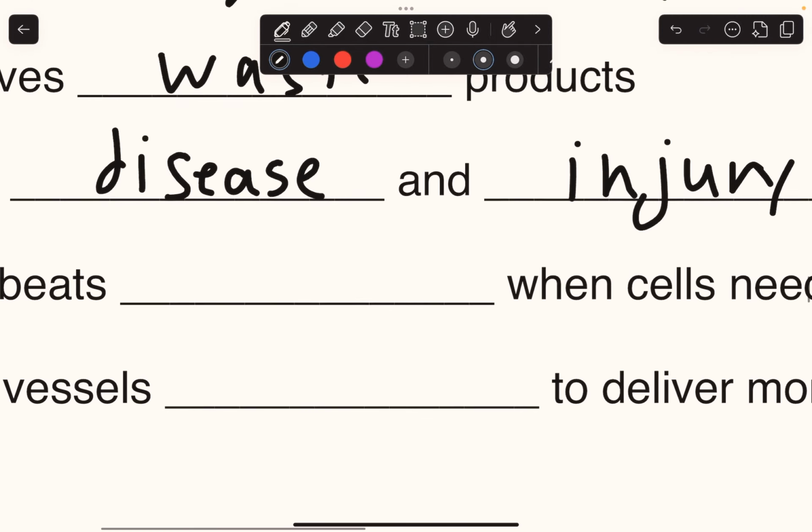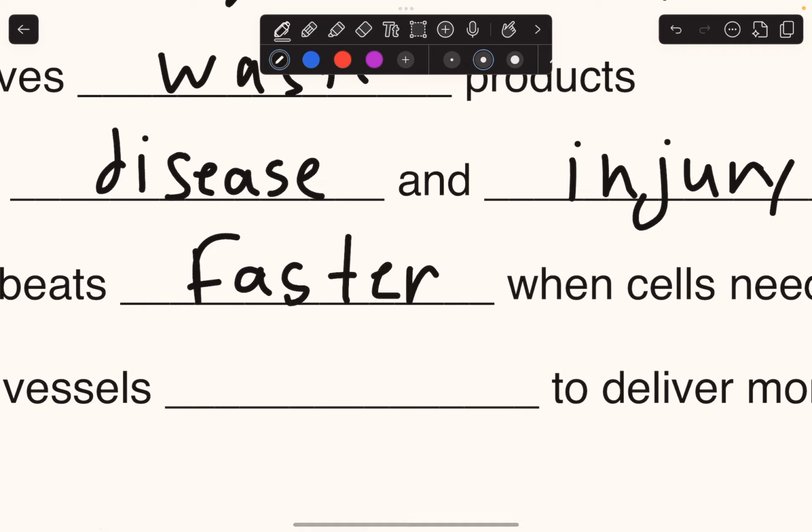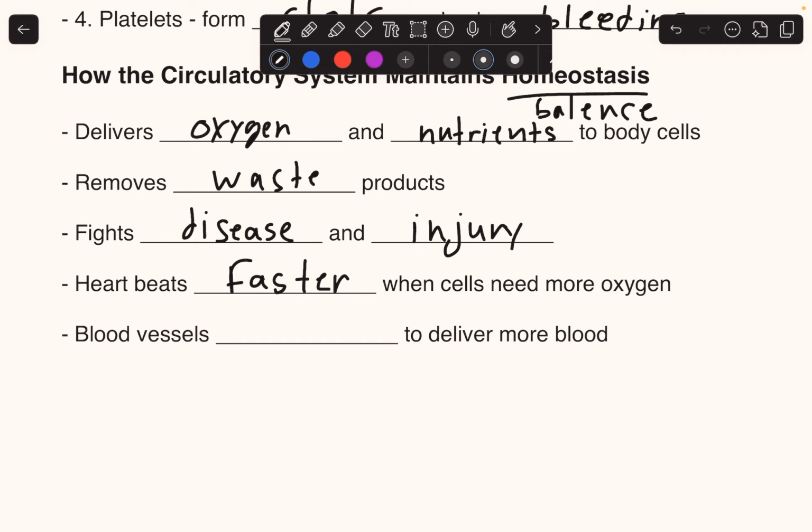The heart beats faster. You probably don't need to know this yet, but this is called tachycardia, and it basically makes the heart beat faster. Once you're running, you need more oxygen to parts of your body, so your heart beats faster to provide more oxygen to every part of your body so you can keep up.